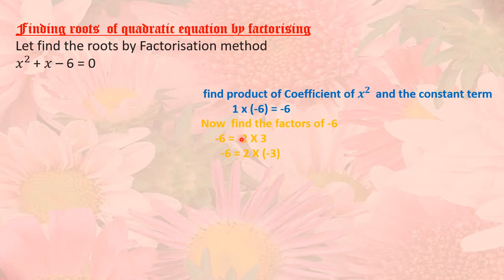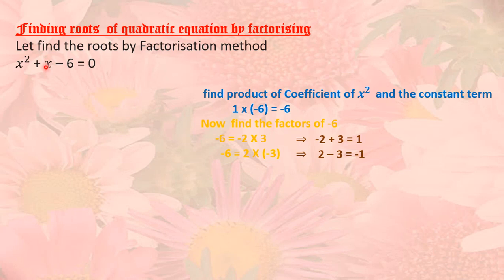Now we have the two factor pairs, so let us add them. Minus 2 plus 3 is 1, and 2 minus 3 is minus 1. Let us consider the middle term, that is x.